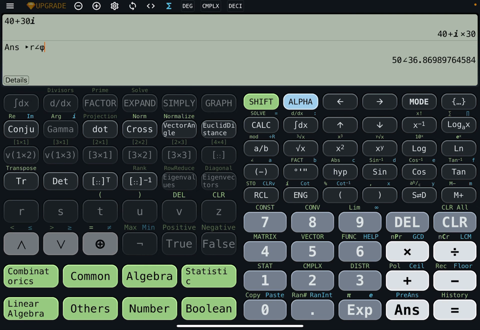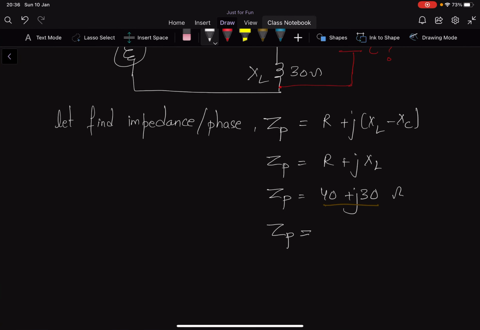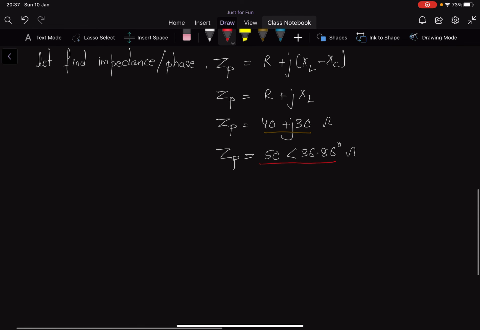Click that, and you can see your answer in polar form, which is 50 angle 36.86. So that's what we're going to take: 50 angle 36.86 degrees ohm. This is in polar form, and this is what we are going to use all the time in our calculation.